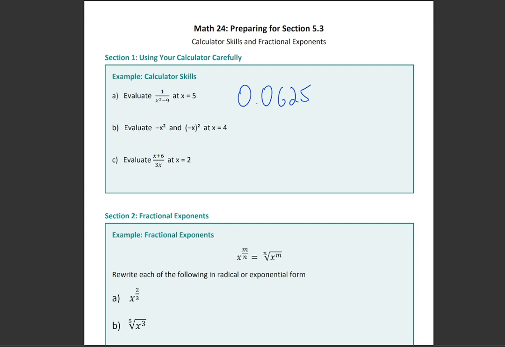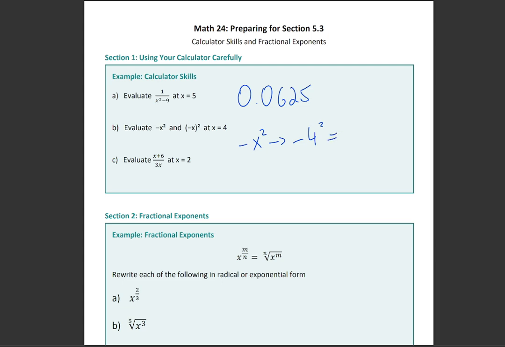Now, the next one is another common mistake that I see. We have negative x squared and negative x quantity with parentheses squared. We're evaluating it at x equals 4. So in the first one, if I'm just plugging in negative x squared and I'm plugging in 4, it becomes negative 4 squared. The negative is not being squared. It's not inside the parentheses.